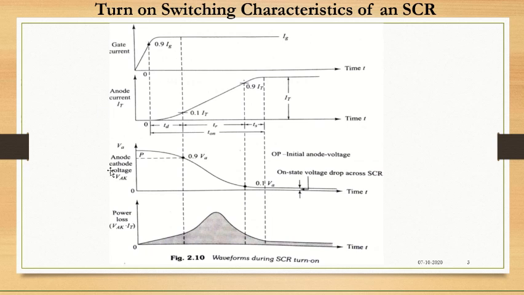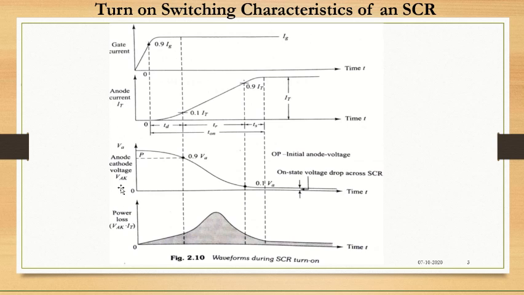We will be observing the voltage across it, and the current that we can measure from the device. So in order to understand the switching characteristics, we look at the anode to cathode voltage, and the current obtained from the device, that is anode current.